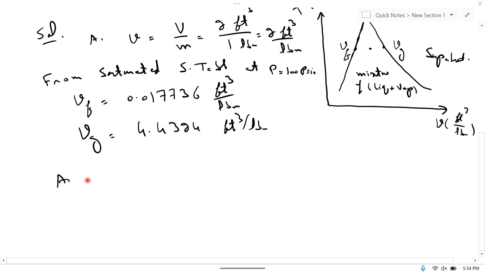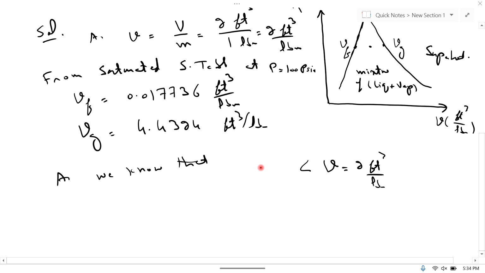As we know, the volume given to us is v, which is equal to 2 cubic feet per pound mass, greater than Vf and less than Vg, between Vf and Vg.